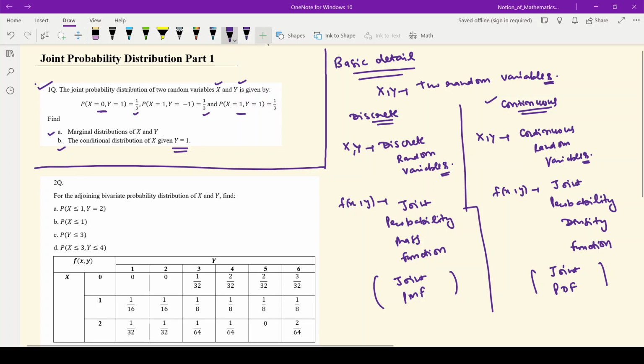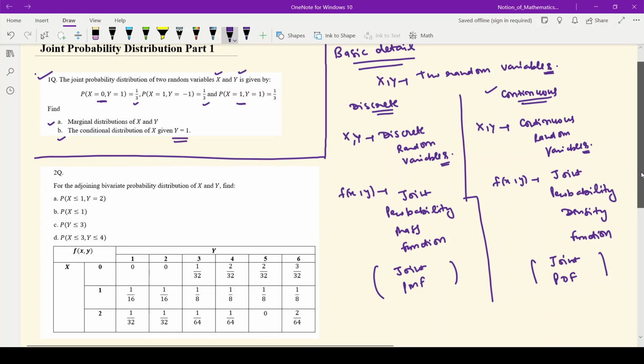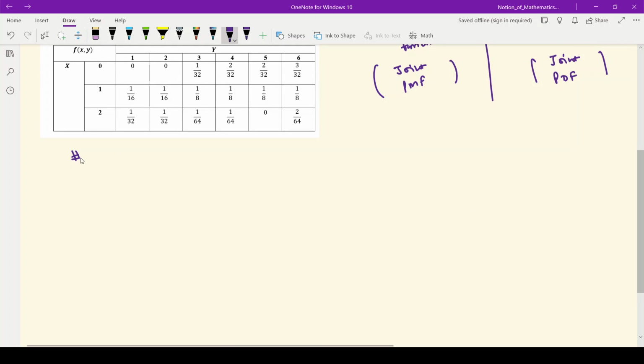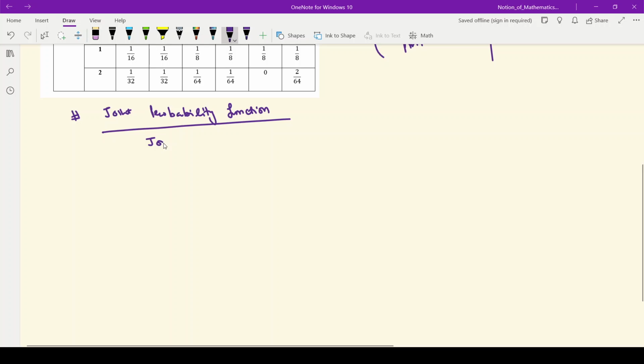Now, thereafter, one term is marginal distributions. From this joint probability function, as I discussed, for the discrete approach we are discussing joint PMF, and for the continuous approach we are discussing joint PDF.